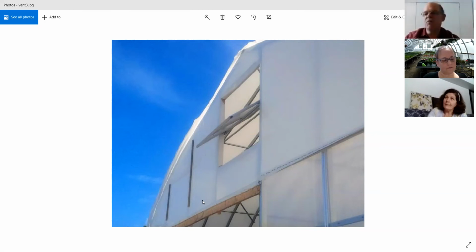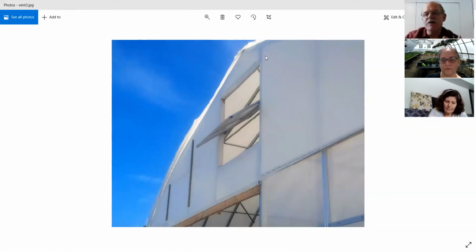What you're creating, when the air goes over the building, you're creating a vacuum at the opposite end, and it sucks the air out. So even though you only have a little bit of a crack on the wind side, you're going to get a quick exchange of air.